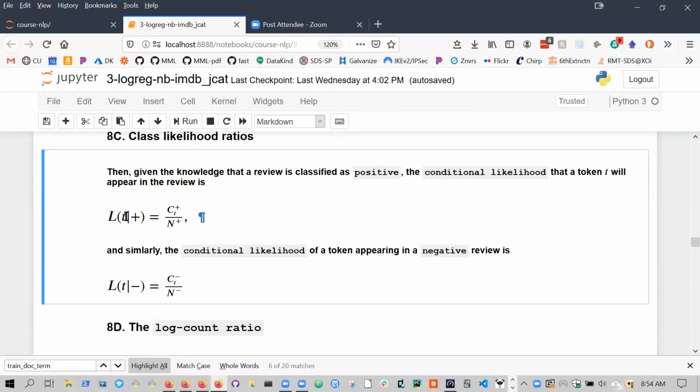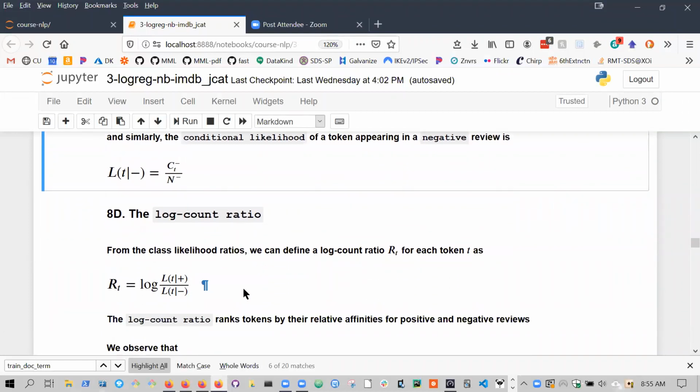So L of t bar plus means the likelihood of this term t occurring in a review given that the review is known to be positive. Okay. And so based on the terms that we've defined so far, that's calculated this way. It's the total number of times that the term has occurred in positive reviews divided by the number of positive reviews. And the same way for negative reviews.